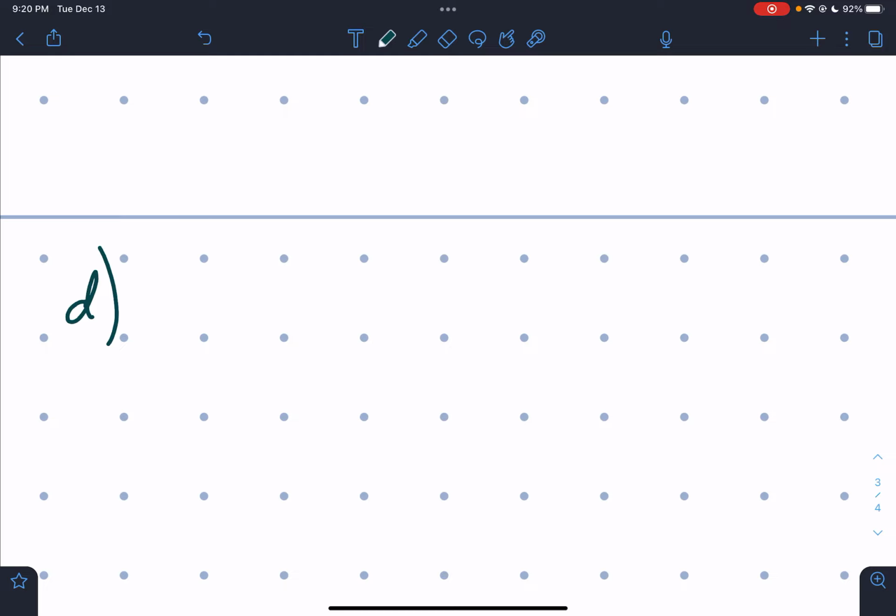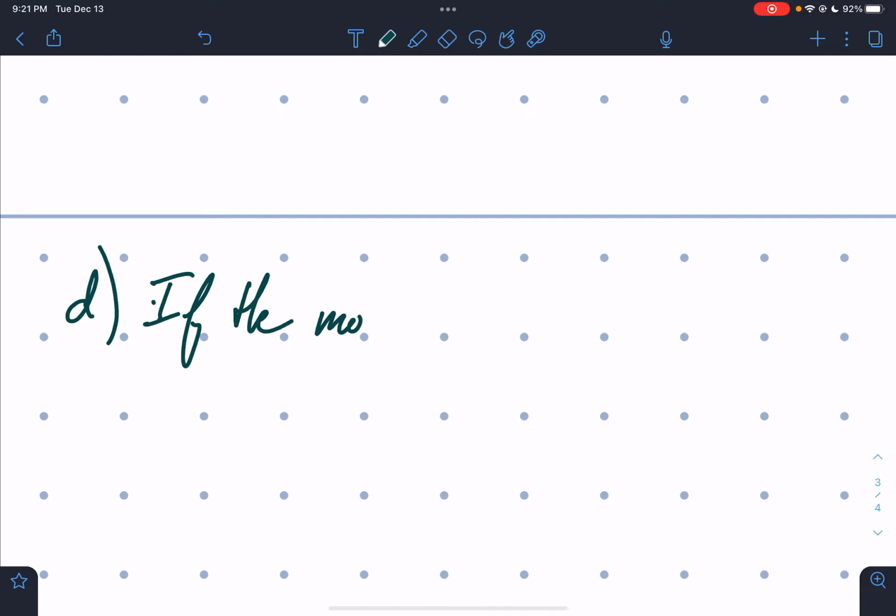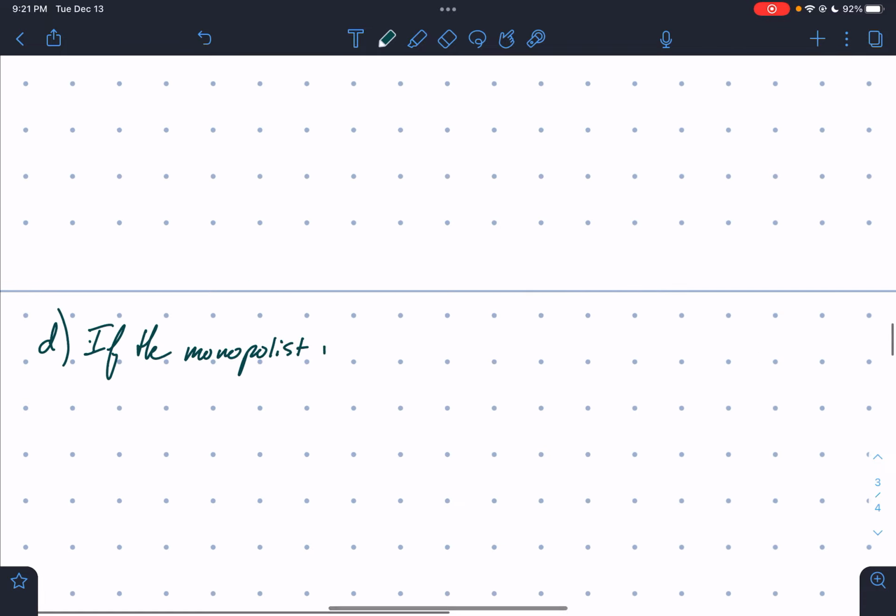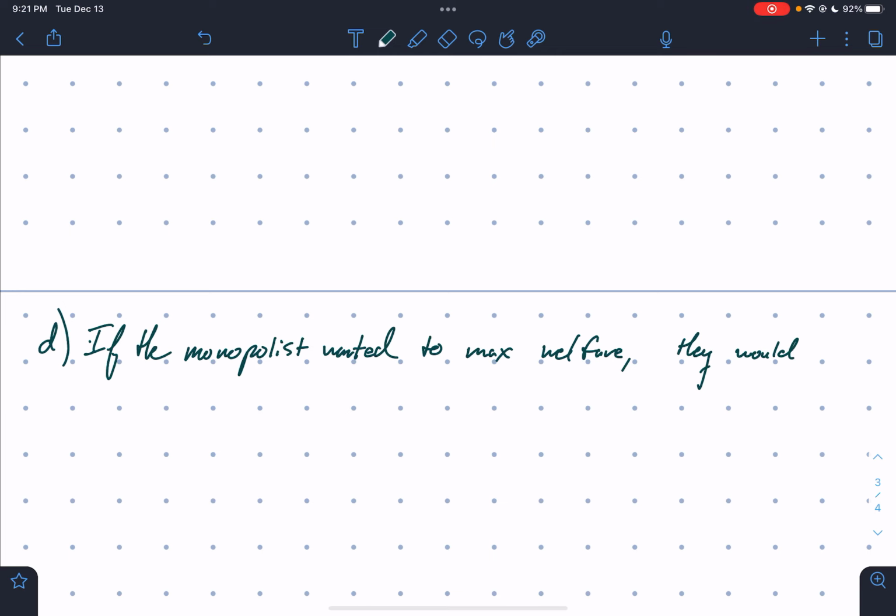Okay, so in this context, if they want to maximize welfare, they would set price equal to marginal cost.